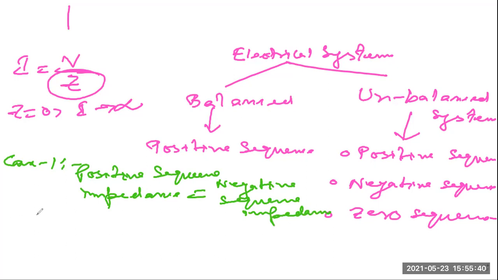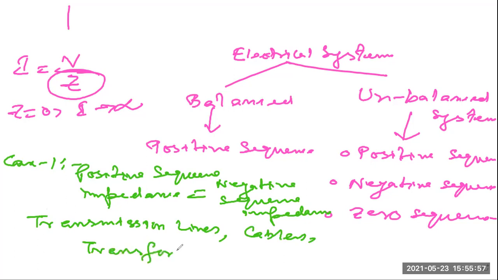This is true for transmission lines, electrical cables, transformers, or static loads. For these cases, the positive sequence impedance will be equal to the negative sequence impedance.